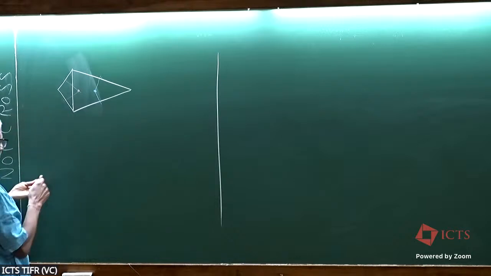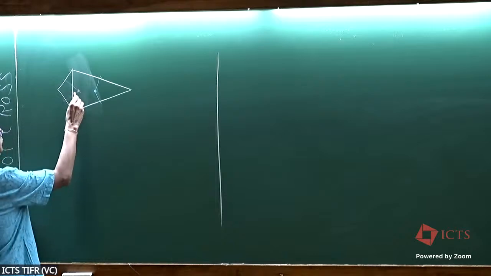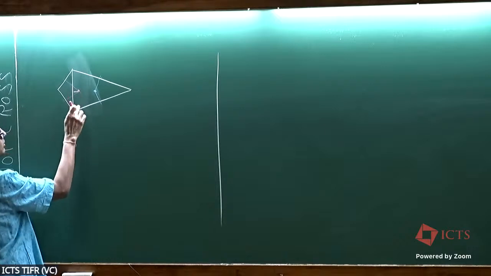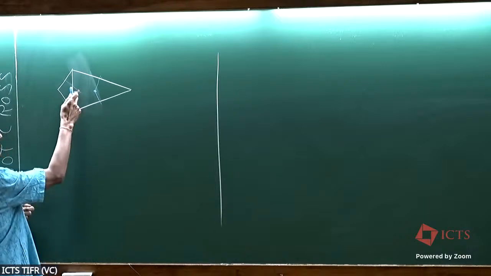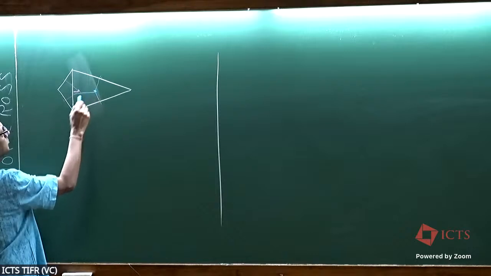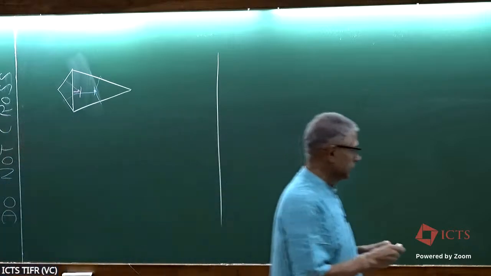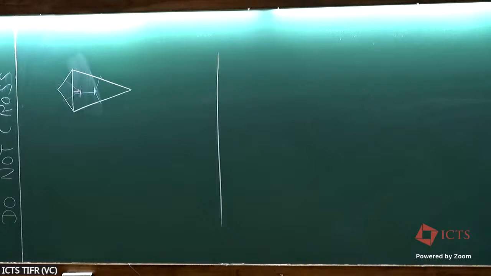So in fact, that turns out to be right, that what you do is you use a signed length. So this is negative because the circumcenter is outside, and this is positive. So you get a net length which is like this. And this also works for higher dimensions, for looking at areas, volumes, and so on.